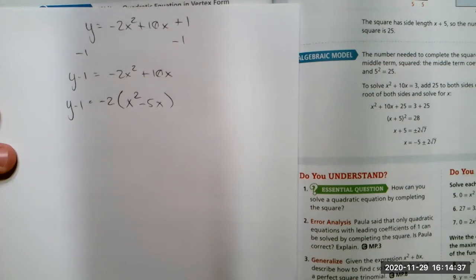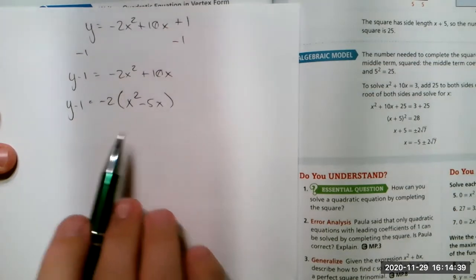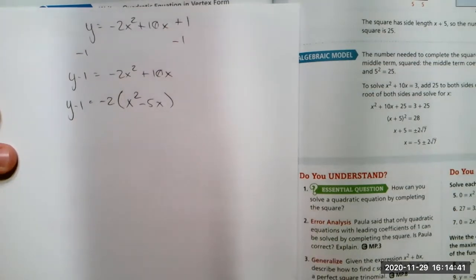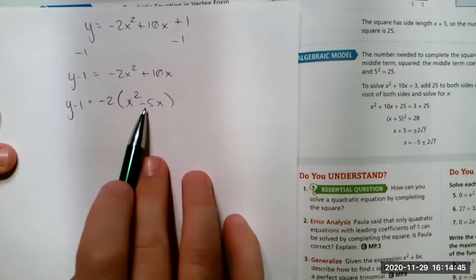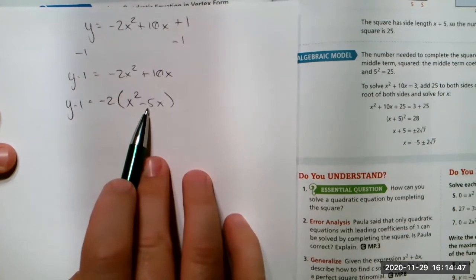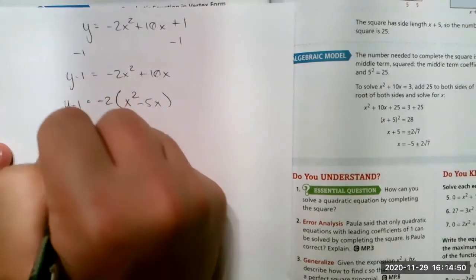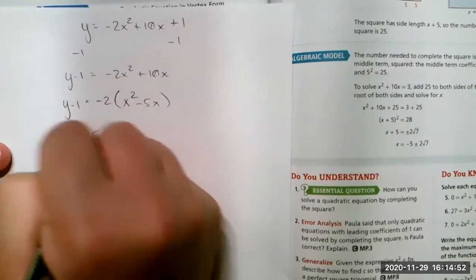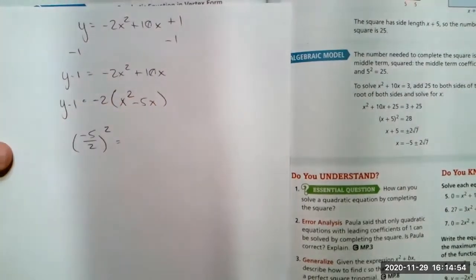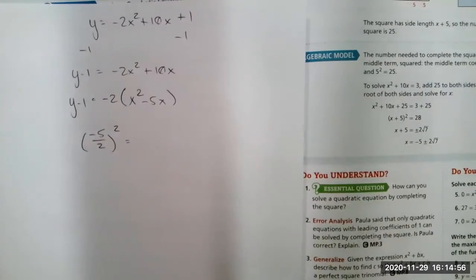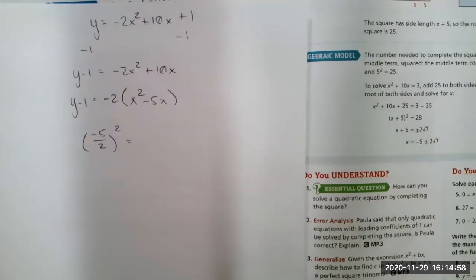Here's that part where, again, my A value, my B value, my C value, I'm going to use that information to kind of create this perfect square. B looks like it's negative 5, so it's going to be negative 5 divided by 2 squared. So negative 5 divided by 2, you can leave it as negative 5 halves.